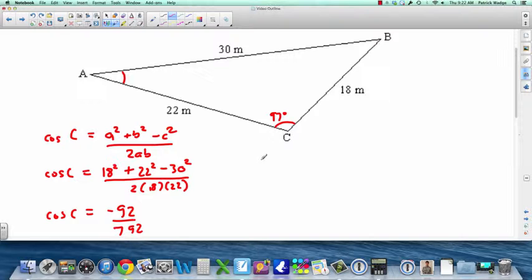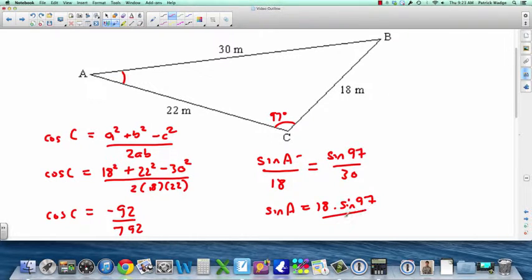So I would have sine A over side A, which is 18, equals sine C, sine 97, over 30. And then I cross multiply that. So I get sine A equals 18 times sine 97. And then I divide that by 30.